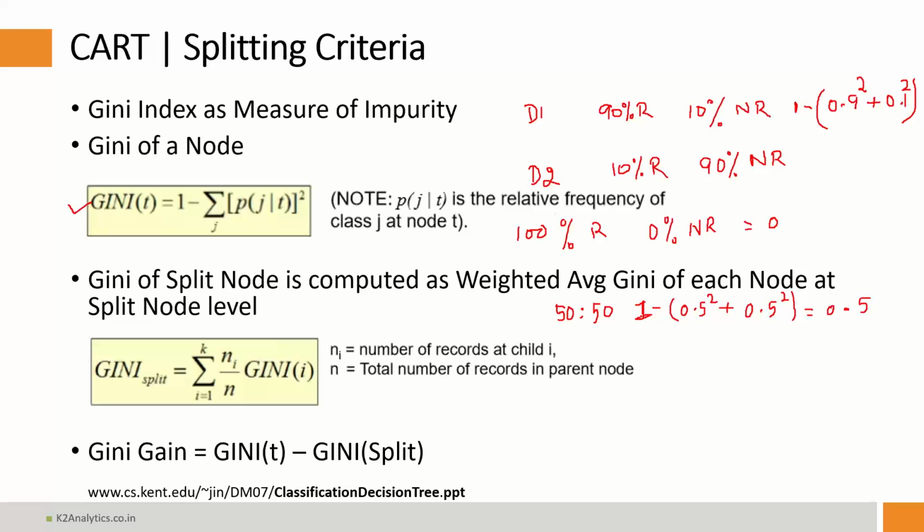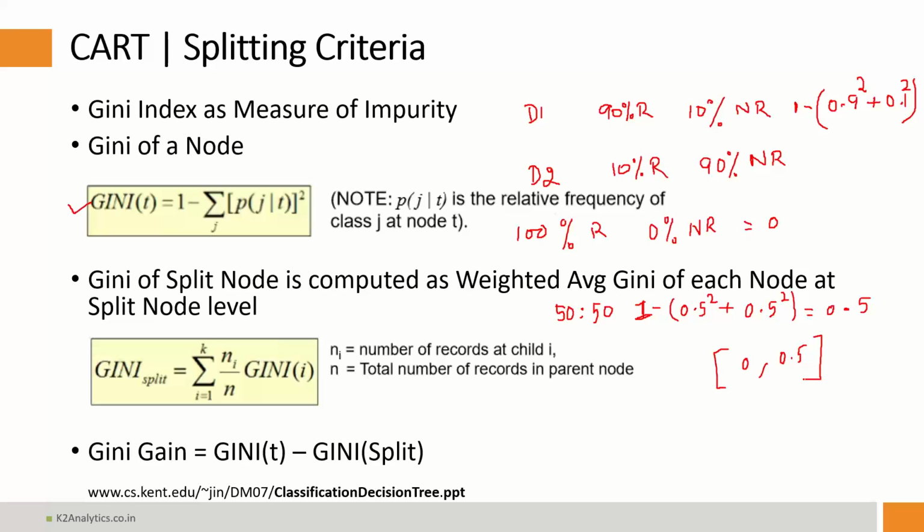And when both of them are 50:50, the maximum value of Gini impurity can become 0.5. So the range of Gini in a two-class system is 0 to 0.5. This is the range. So this is the first point.